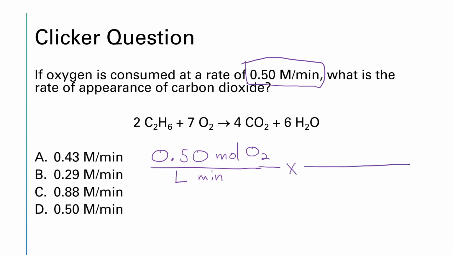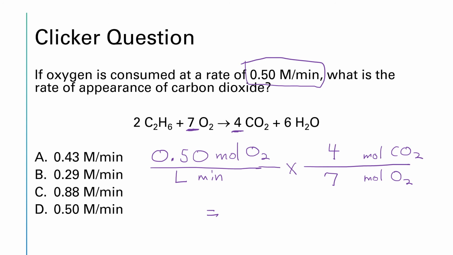And if we look at our conversions, we need to relate moles of oxygen down in the bottom to cancel out to moles of carbon dioxide, since that's what we're looking for. The connection is the coefficients, 7 oxygens for 4 CO2s. So I'm going to put a 7 down in the bottom with oxygen and a 4 up in the top with CO2.